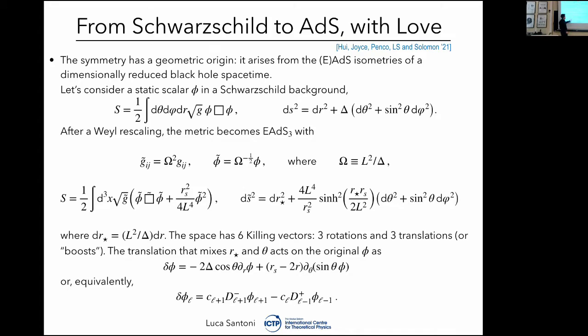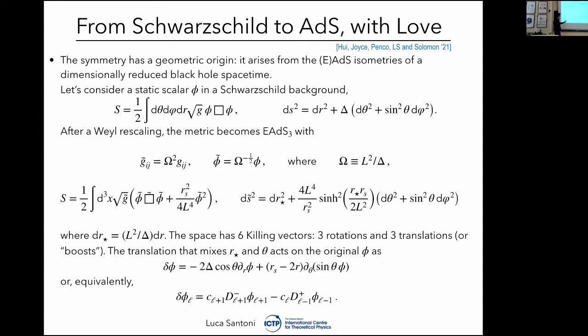I'm using all these analogies with AdS, but the point that I want to make is that this is a symmetry of this action, and that it can be reinterpreted in terms of an isometry of some Euclidean AdS space.